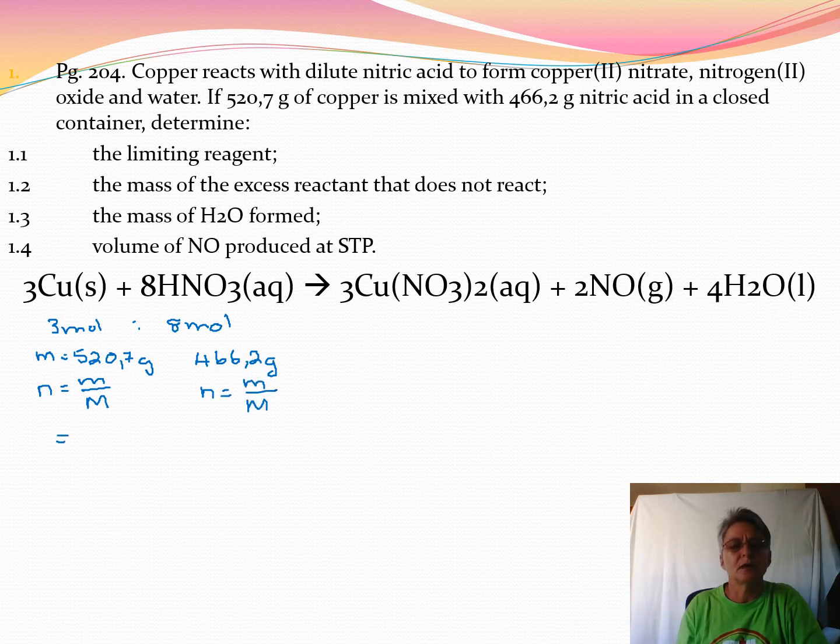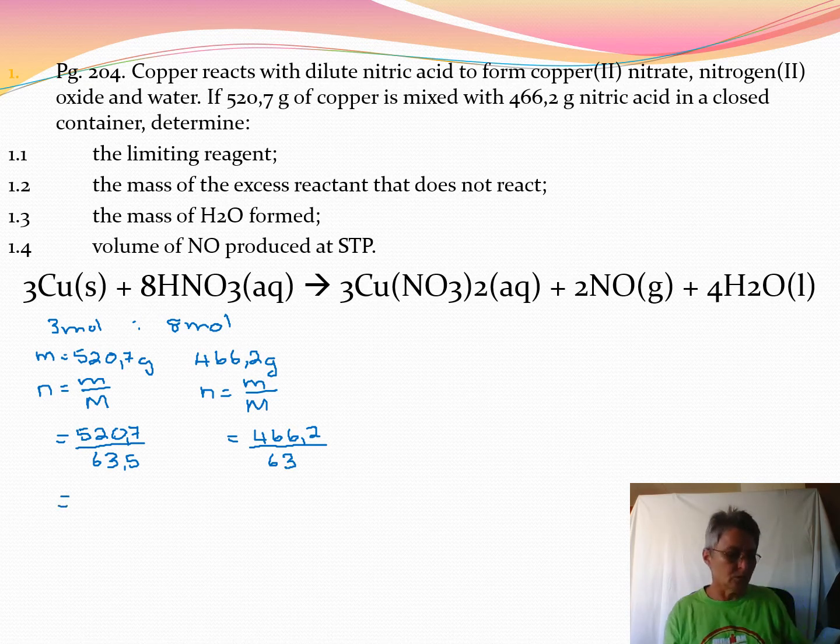So the mass is 520.7, and if you look on the periodic table, the molar mass of copper is 63.5 grams. For nitric acid, the mass is 466.2, and the molar mass is 1 plus 14 plus 48, which is 63.